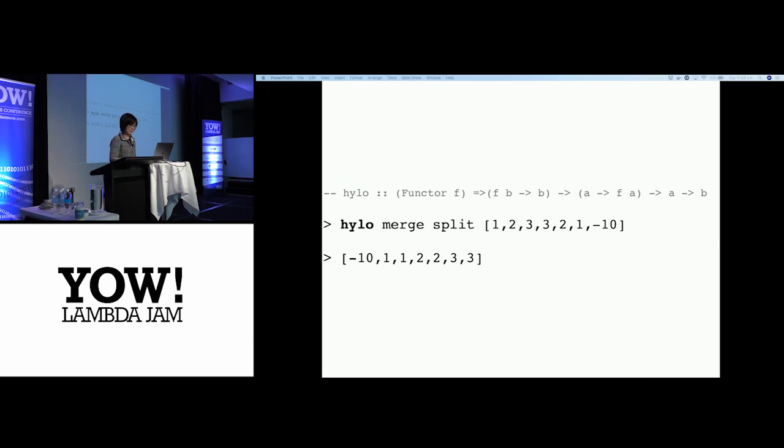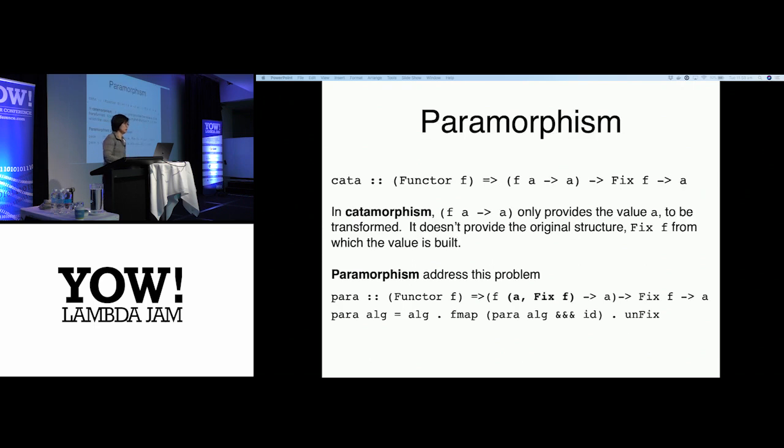And the last one, paramorphism. Actually, there are heaps of morphisms, but I can only talk about a few of them. Yeah, and the catamorphism, paramorphism. Why do we require it? In catamorphism, FA to A, in this function we can only access the value A to do transformation or other processing.